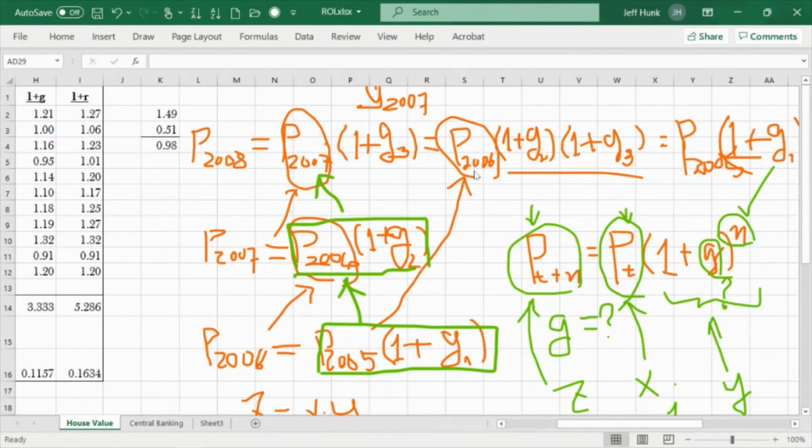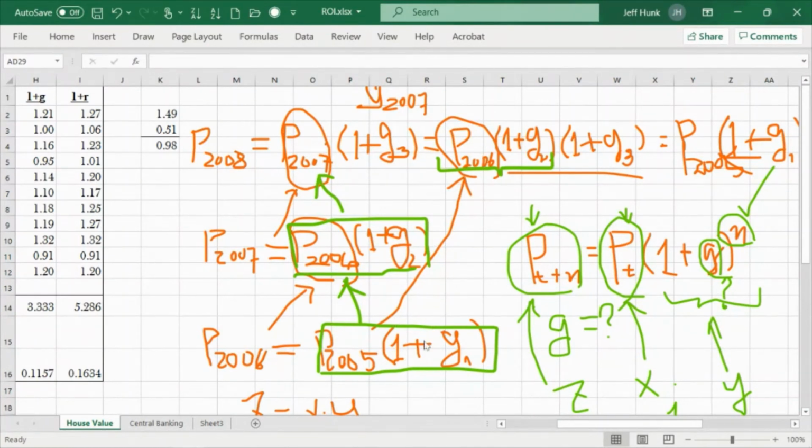So 2007 is replaced by its own definition times 1 plus G.